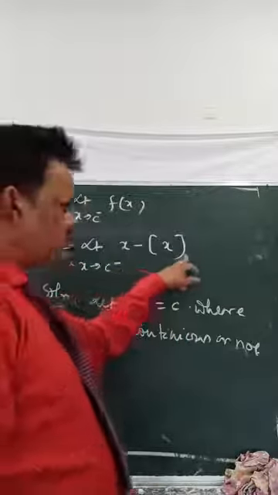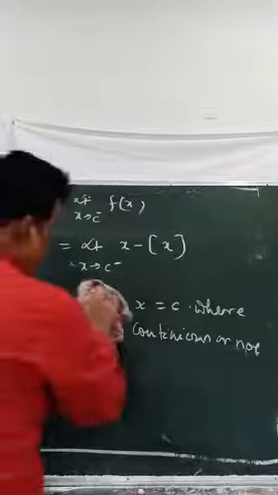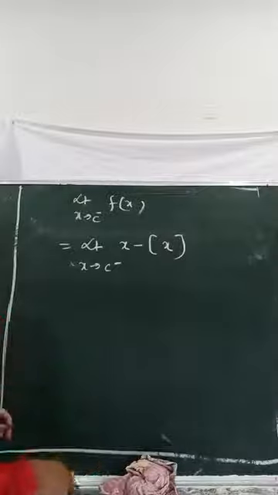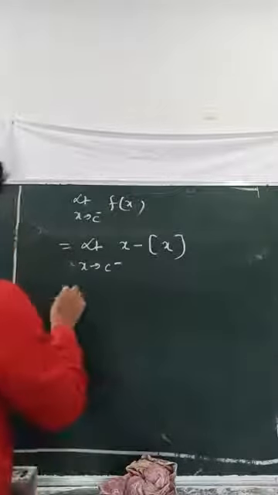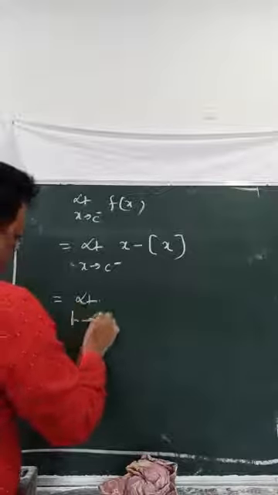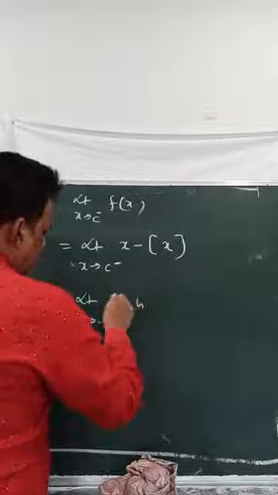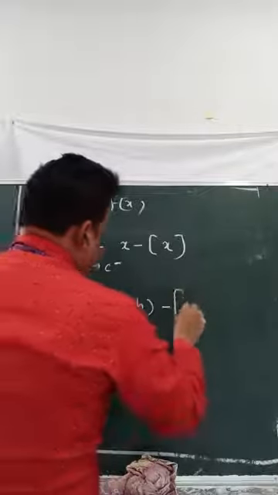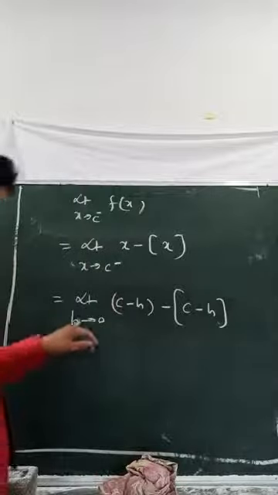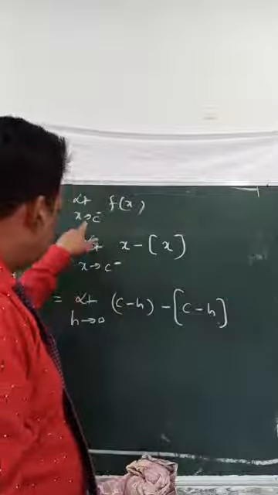So what do I get? That is limit h tends to 0, x will be c minus h, but this is box of c minus h. So when you put it, I told you the left hand limit value is whatever the limit minus 1.